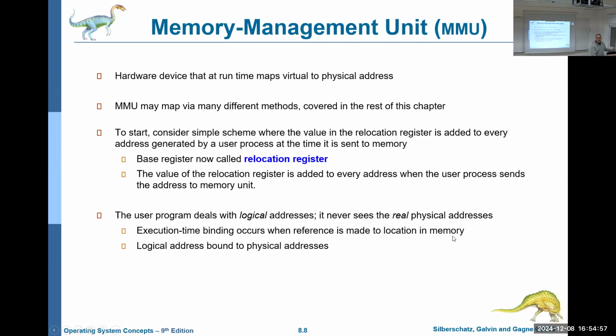It just gives a logical address and gets back the value. Who's changing it to the actual physical address? The MMU. Execution-time binding occurs when a reference is made to a location in memory. Any time I actually do a load word or a store word, I'll have to do some binding. The logical address is bound to a physical address.